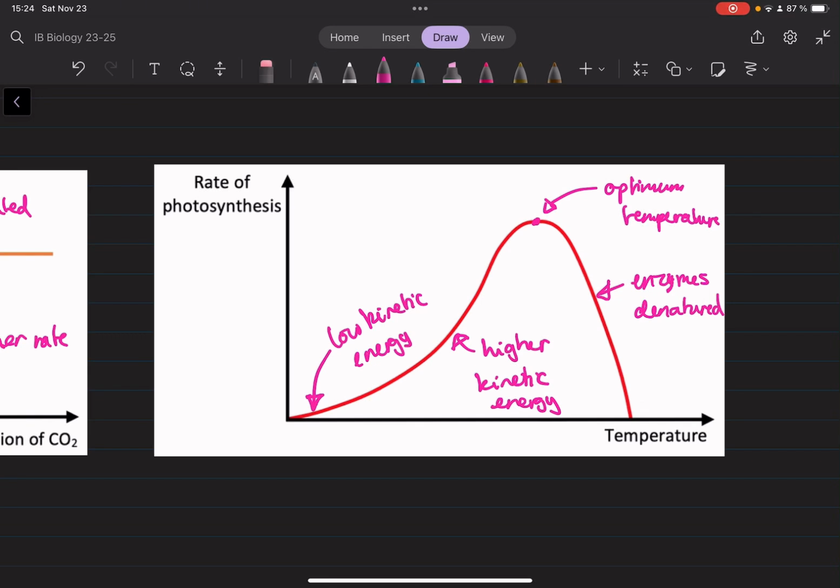And if that temperature increases, so this can be like temperature or pH, if the temperature increases too much, that will cause them to lose their structure, and that's what's called denaturing, and that will cause them to lose their function, which means that it cannot catalyze the reaction, which means rate of photosynthesis also decreases.